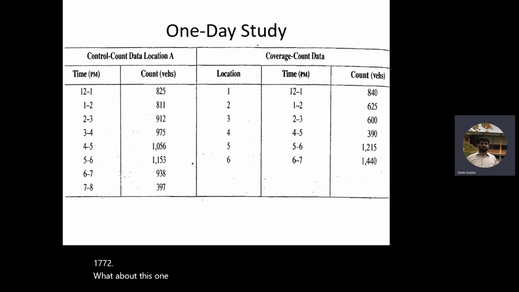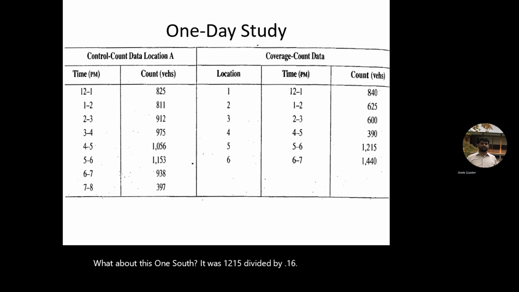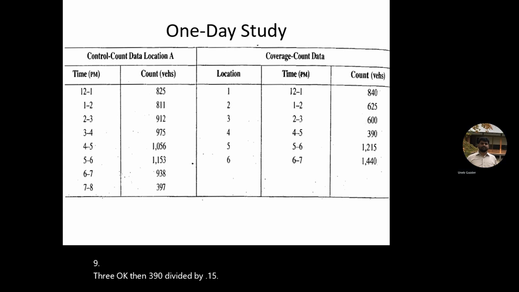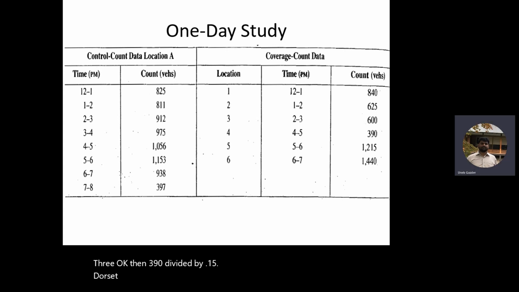So it was 1215 divided by 0.16. 7593. Okay, then 390 divided by 0.15. 2,600.